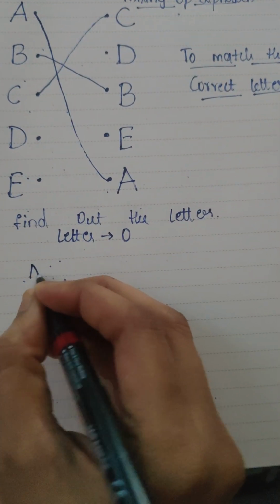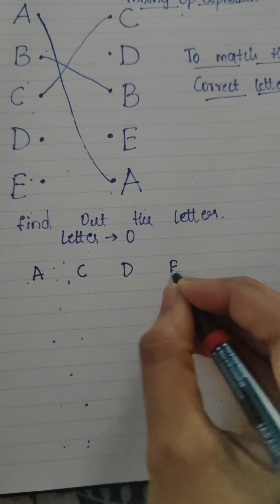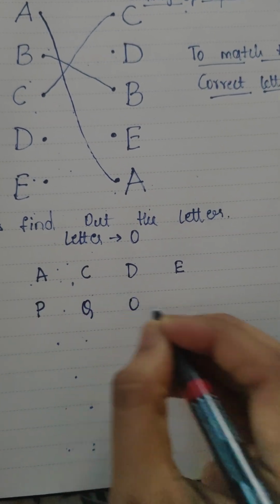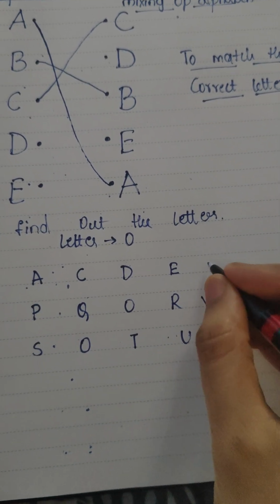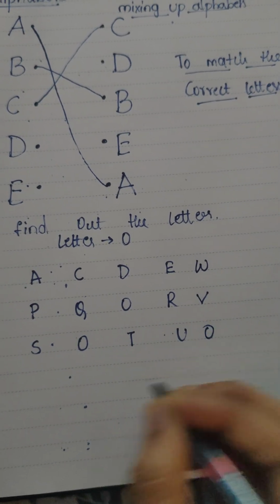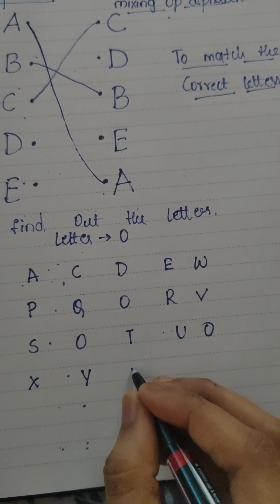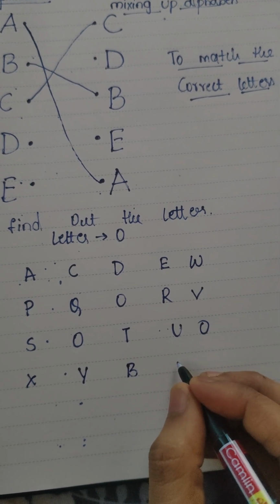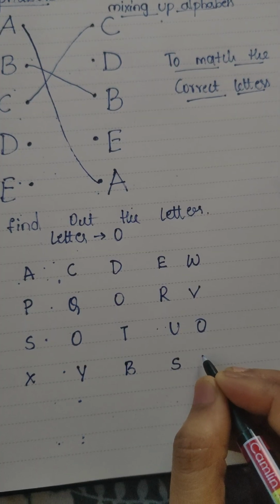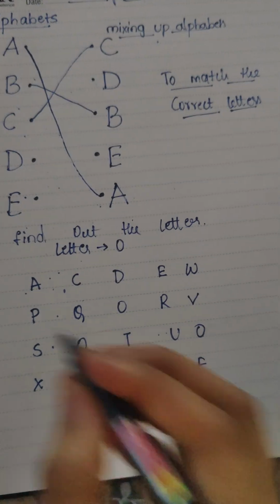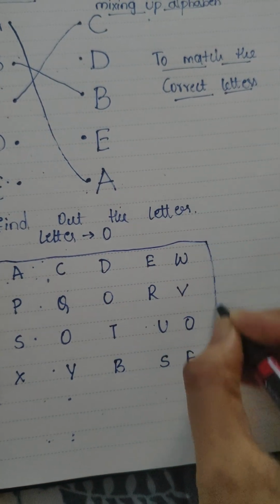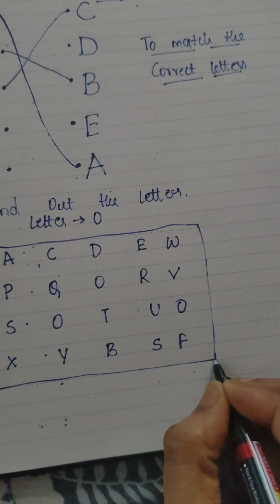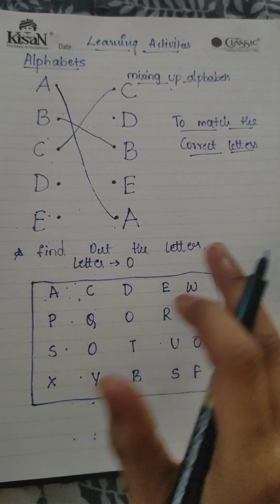I am going to write like this: A, C, D. So for suppose there is a set. Now in this set I am asking to find out the letter O.